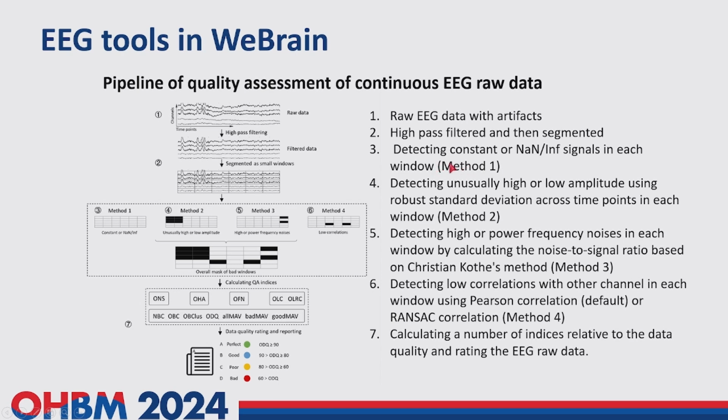After high-pass filtering and segmentation of the data, 4 methods are involved, including detecting constant or NaN signals in each window, detecting unusually high or low amplitude, detecting high power frequency noise in each window, and detecting low correlation with other channels in each window.